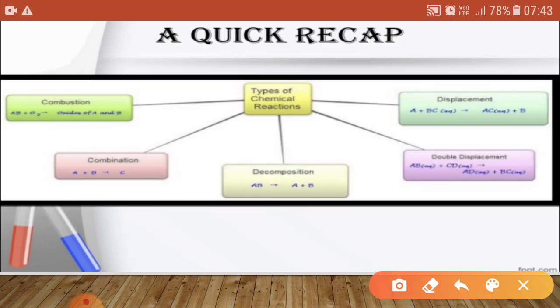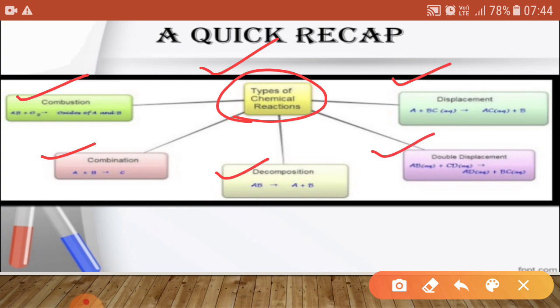Now, the last is the quick revision of the types of chemical reaction we have read in this chapter. First one was combination, second one was decomposition, third one displacement, double displacement, and the redox.